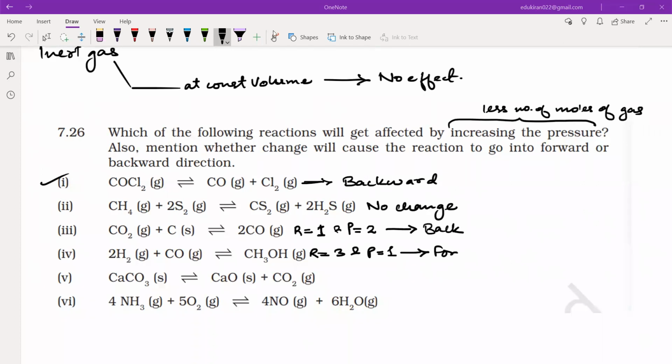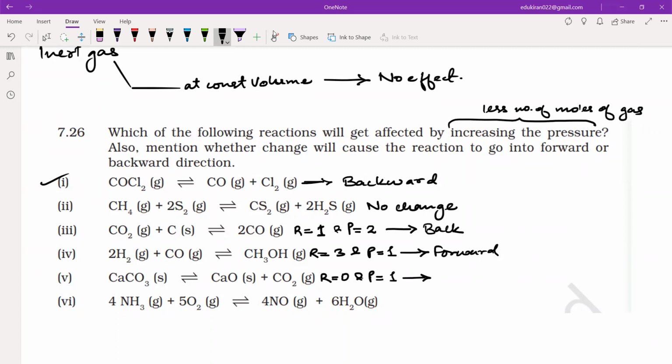Okay. So now in the fifth one, how many moles of gases in the reactant? 0. And product? 1. So forward or backward?